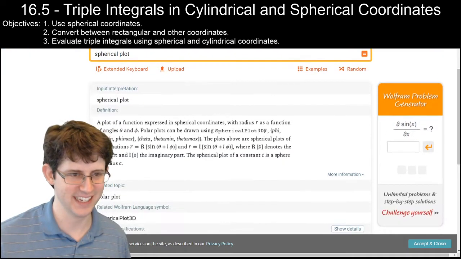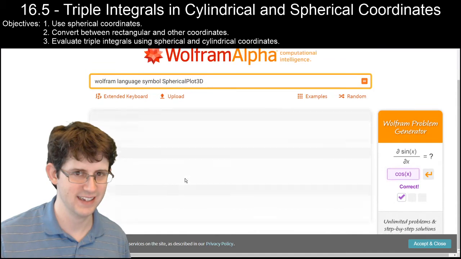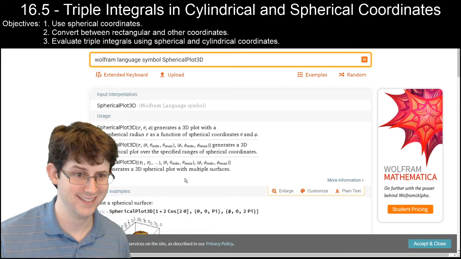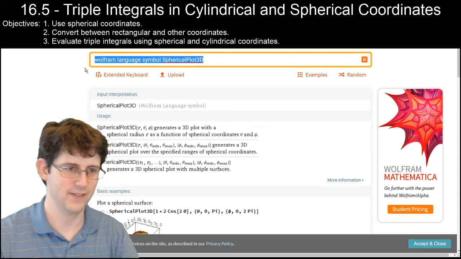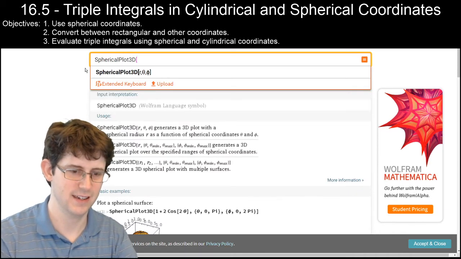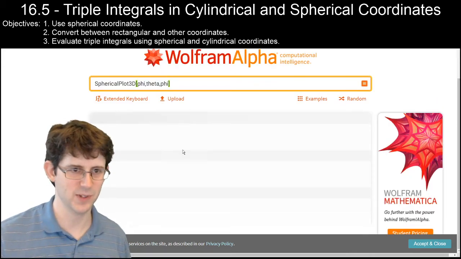Okay, let's see if we can get a spherical plot. I want spherical plot 3D, phi, theta, phi, because rho equals phi.